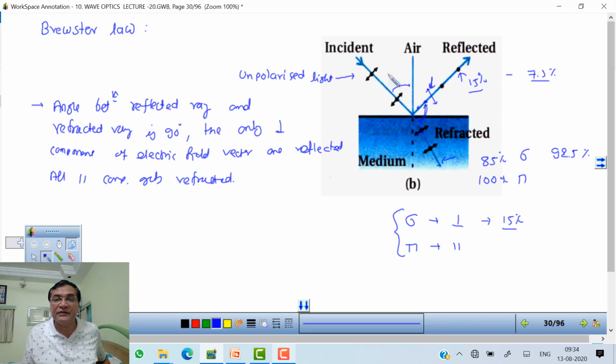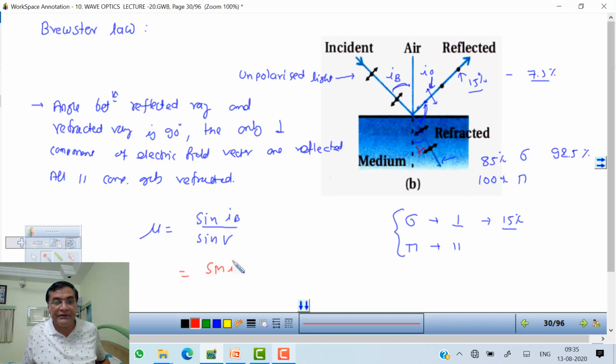So this is, suppose, angle IB. So this is also IB because angle of incidence is angle of reflection. So we apply Snell's law here. So mu is equal to sin IB upon sin R. This angle is supposed to be the refracted angle R. Okay, what is R?